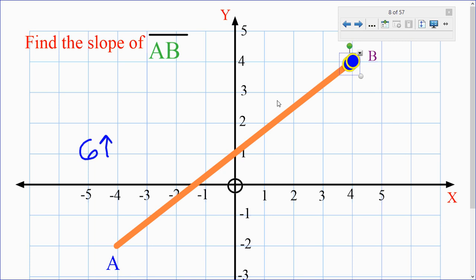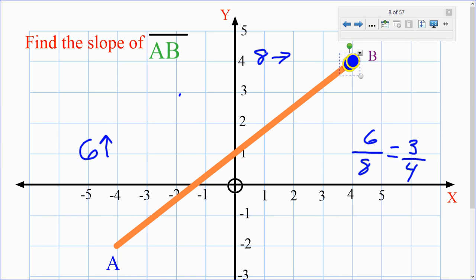So let's make a note of that. 8 across. So our slope is going to be 6 over 8. And that can be equal to, if we reduce it, 3 over 4.